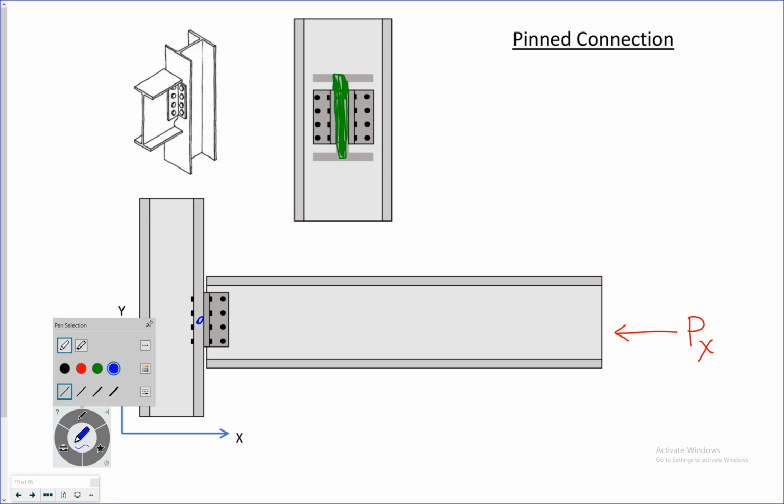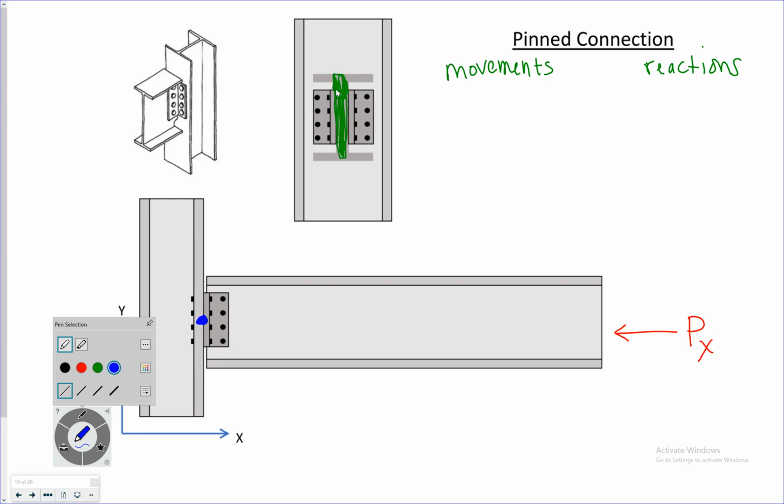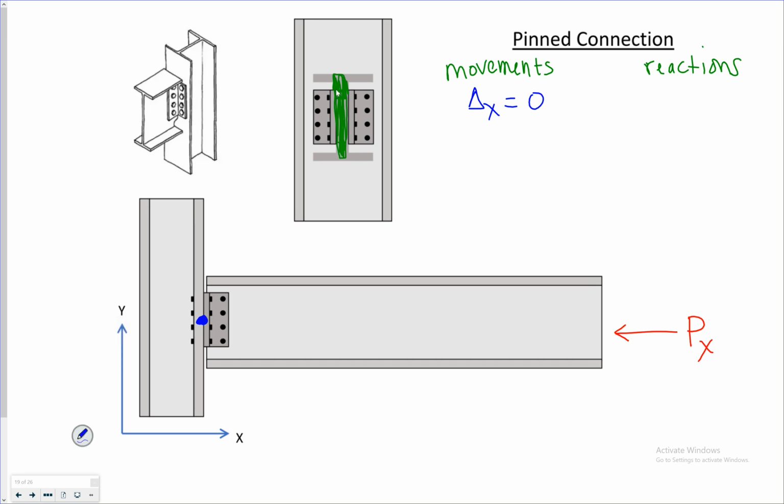If I look at the deflection right at the support here, is there any displacement in the horizontal direction? No. So compared to a roller, now a pin connection constrains in the horizontal direction.